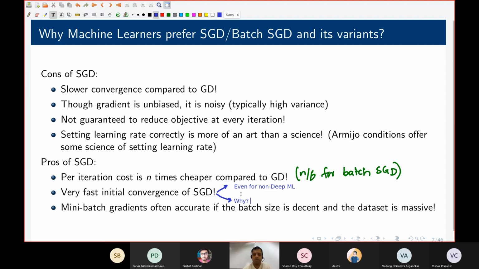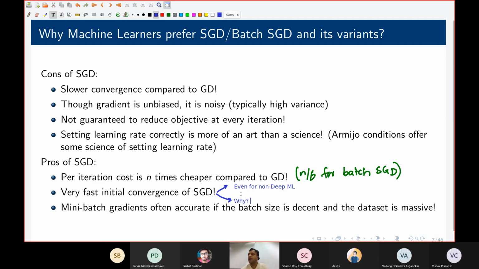You remember in the last class we motivated using subset selection, finding the right subset. What was all that for? You can say that if the data is statistically homogeneous, then even a mini batch is representative of the entire data set.